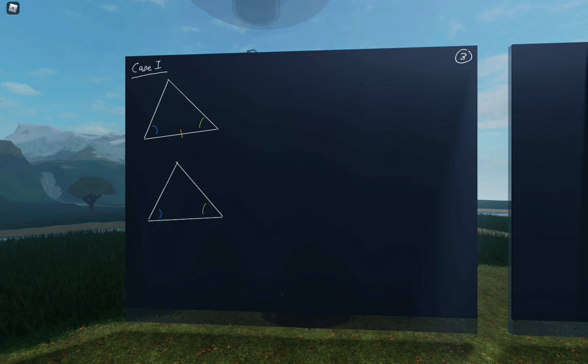And I've assumed those are equal in case 1. Okay. But if AB is greater than DE, well, let BG be equal to DE.